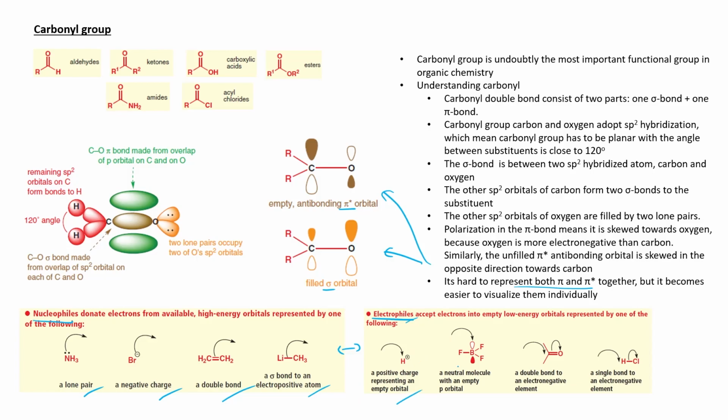The electrophile can be the proton, this empty orbital, or a double bond to an electronegative element. So you look here, it's more like the carbonyl group. That's why the carbonyl is most likely to become an electrophile, and a single bond to an electronegative element can also be.